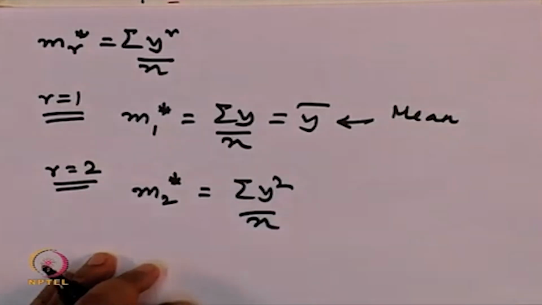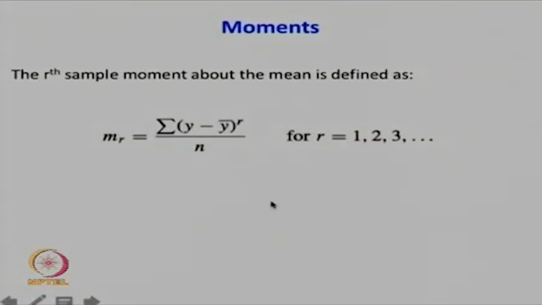So the rth sample moment about the mean would have the value mr equal to summation y minus y bar whole to the power r by n. So m2 about 0 is y square. If I put y bar equal to 0, I have y to the power r.